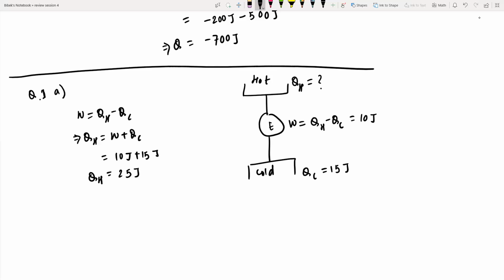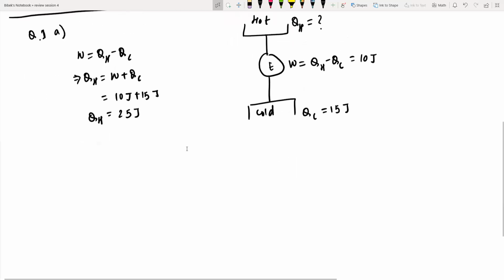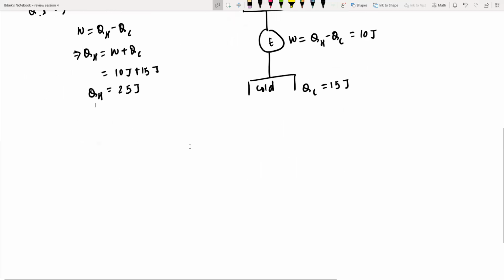Now that you have found QH, you can find the efficiency, because the first part asks you to find the efficiency. So the efficiency for a heat engine is the work done over QH.